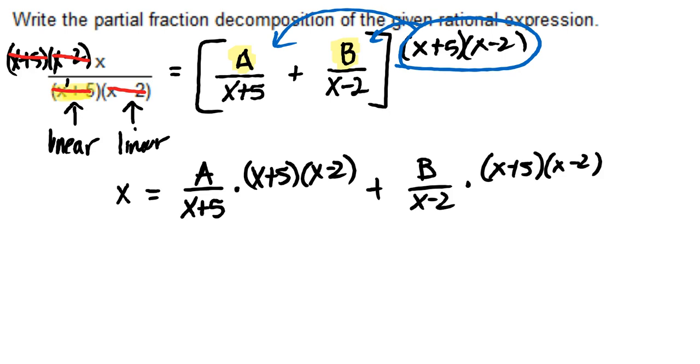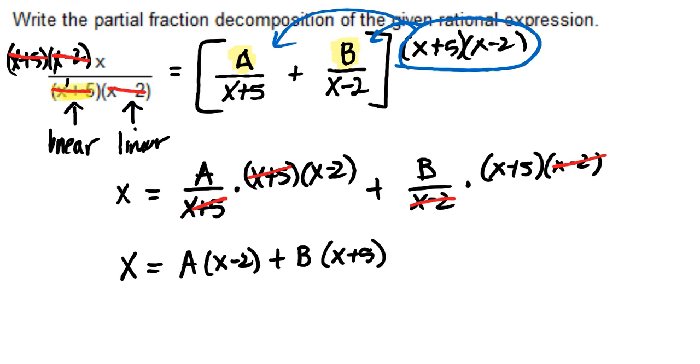Some canceling happens here as well: x plus 5 cancels from the first term, and x minus 2 cancels from the second term. That leaves us with the equation x equals A times x minus 2 plus B times x plus 5.